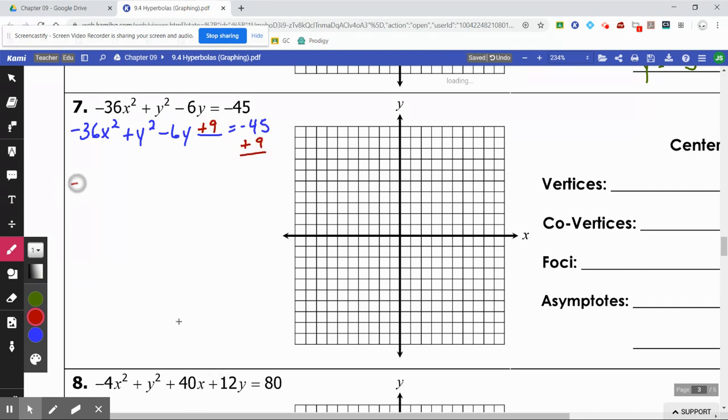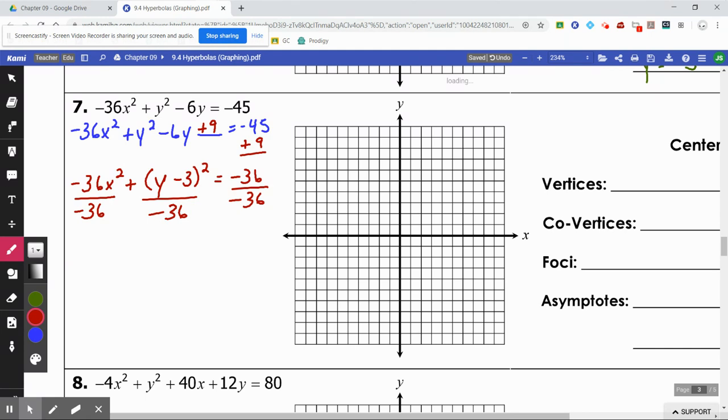We now have negative 36x squared plus, let's go ahead and factor that. That's going to be y minus 3 squared equals negative 36. Now, something weird happens with this one when we divide everything by negative 36, because we're not used to having a negative 36 there.